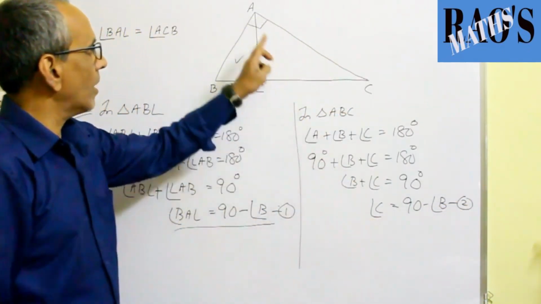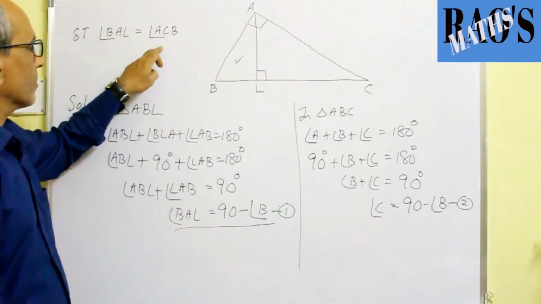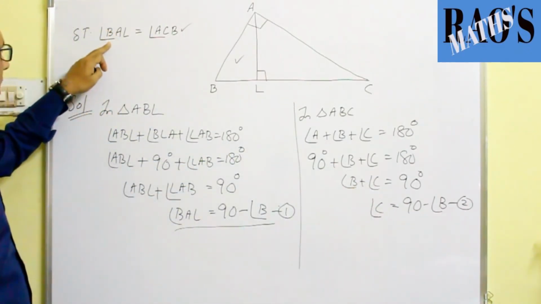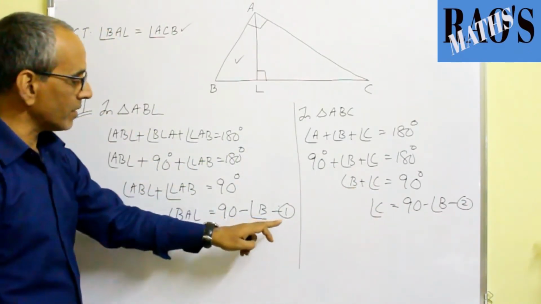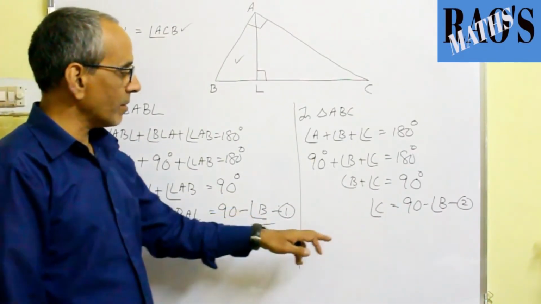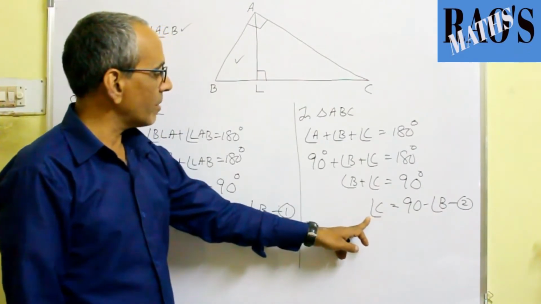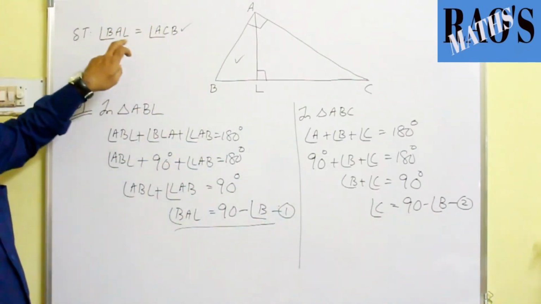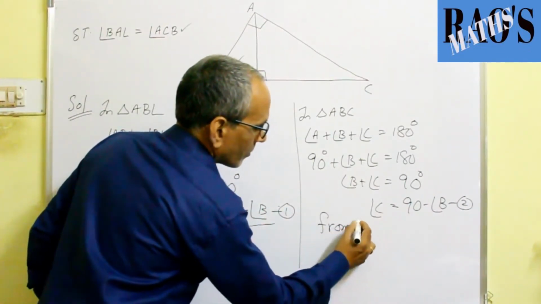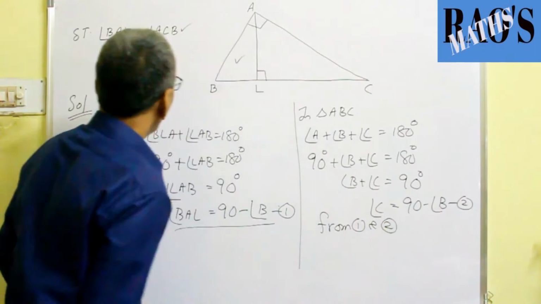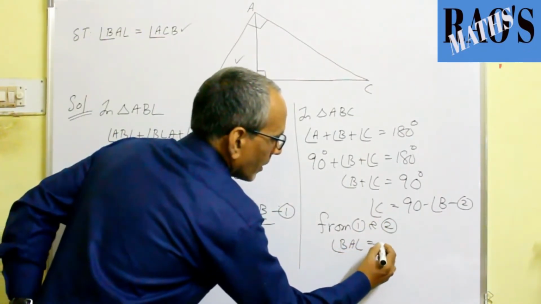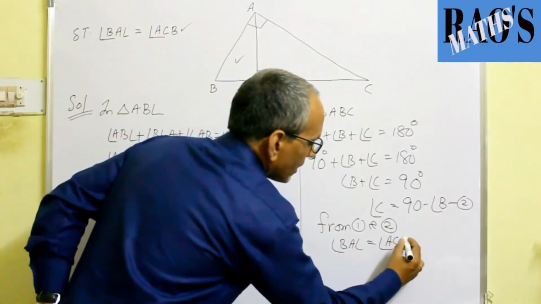What is angle ACB? We got 90 minus B. What is BAL? We got 90 minus B. See, from the first and second statements, angle BAL is 90 minus B and angle ACB is also 90 minus B. We prove from 1 and 2 that angle BAL is equal to angle ACB.